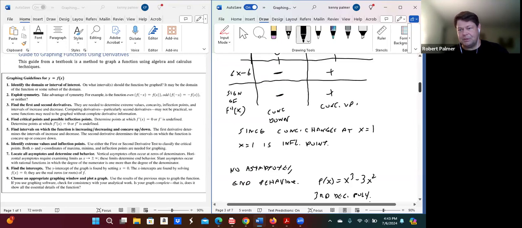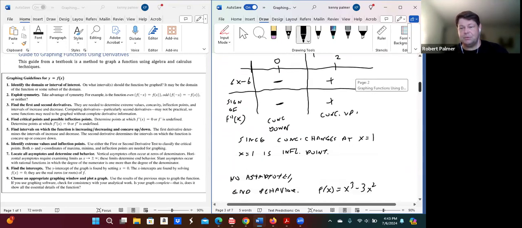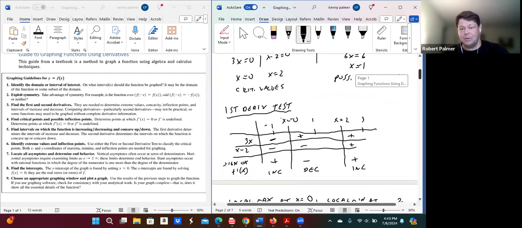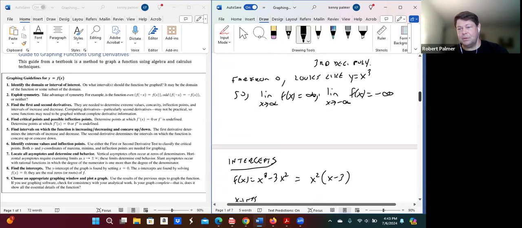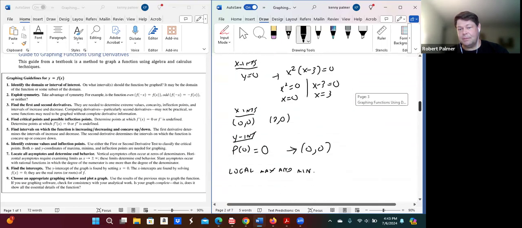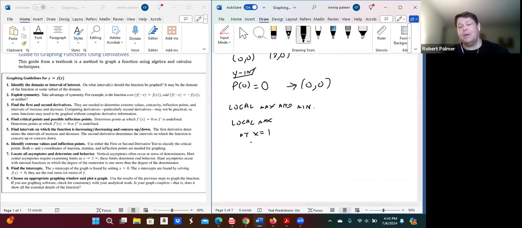Go back and double check. Yeah, 0 and 2. Local maximum at 0 and local minimum at 2. Okay, and so if we do f of 0, we've already done that. That's just going to be 0. So that coordinate is going to be (0, 0).